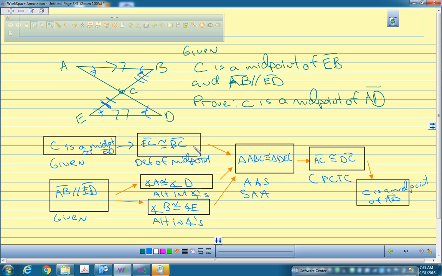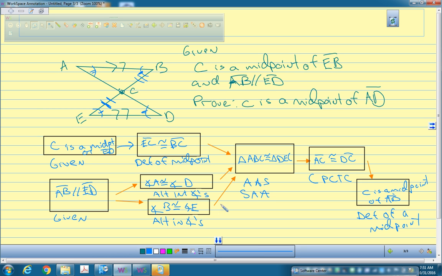And that's definition of a midpoint, but backwards, right? Because if these two pieces are congruent, AC is congruent to DC, C has to be a midpoint, so that's also definition of a midpoint. So that's about as complicated as your proofs are ever going to get. If you could do that one and follow that one, that's how you do it.